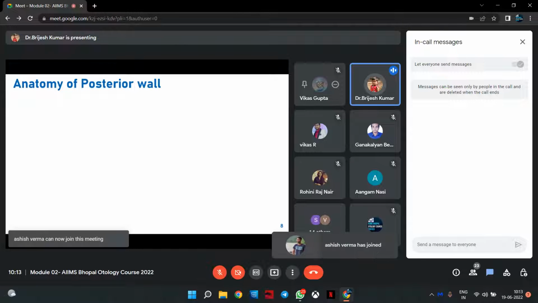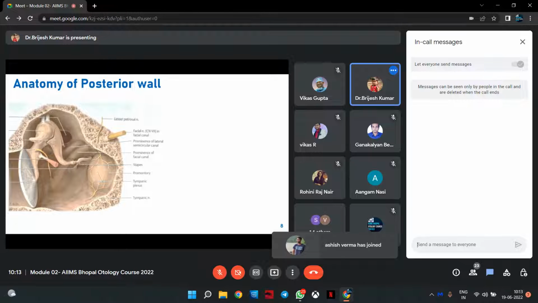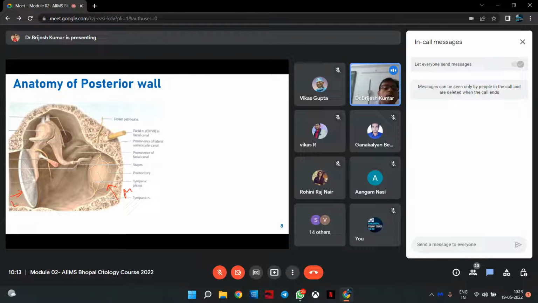Let's move to the posterior wall. In this figure, the anterior wall has been opened. Here is the lateral wall, here is the medial wall, and this is the posterior wall.